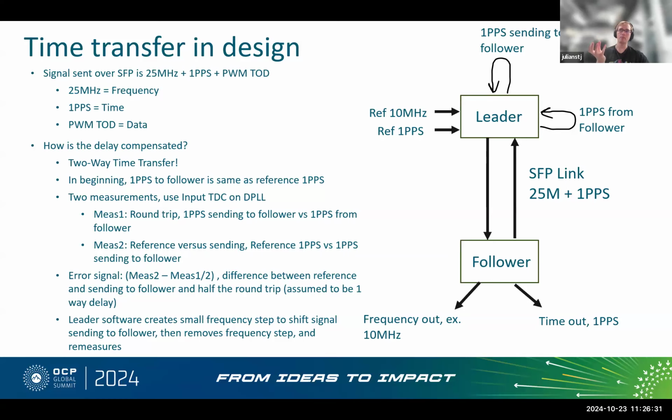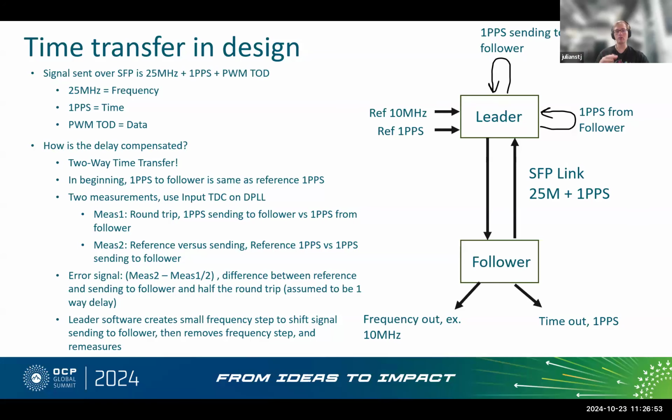And the leader then picks a channel inside of itself to follow the follower, basically. So the leader is listening to what it's getting back, and it's extracting out the 1 PPS from the follower after going through the total round trip. And it's basically looping that back to itself in order to use the input TDC to do 1 PPS measurement.